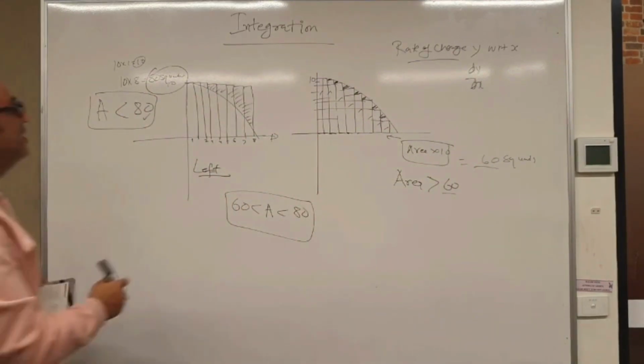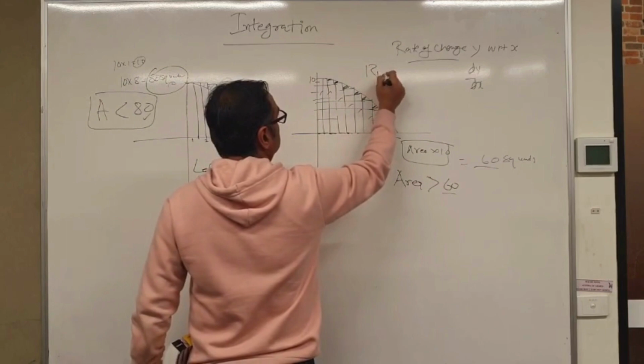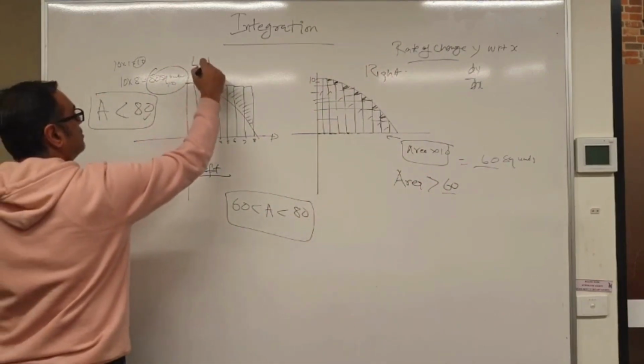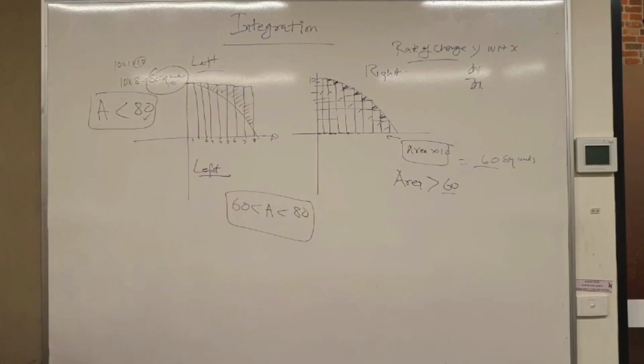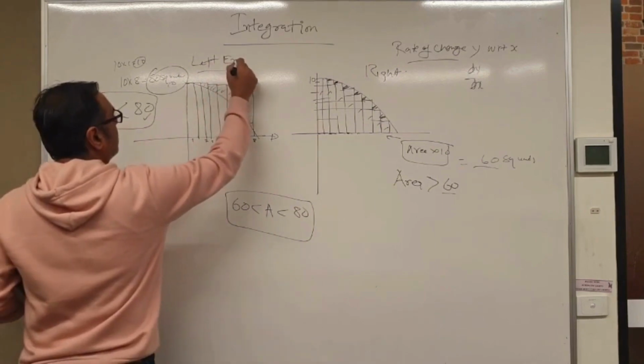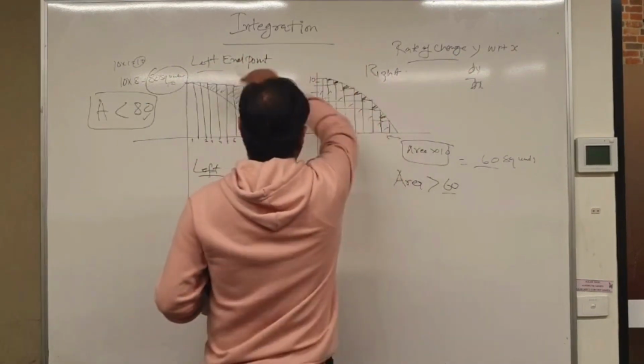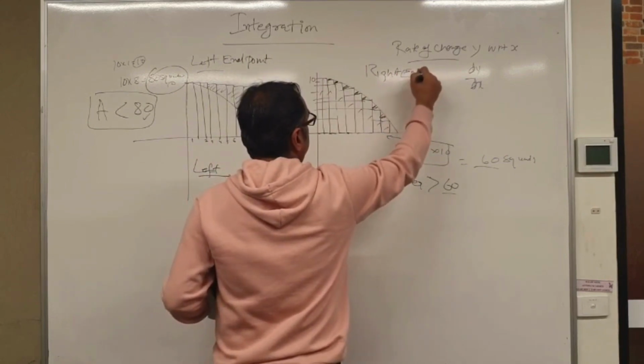So this is called the right estimation, and this is called the left estimation. Make sense? Right endpoint estimation and left endpoint estimation.